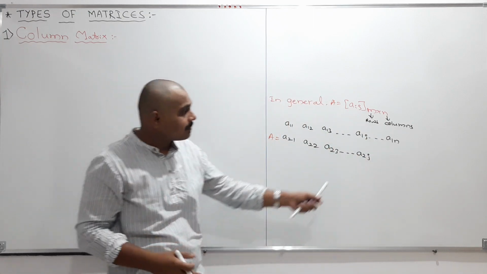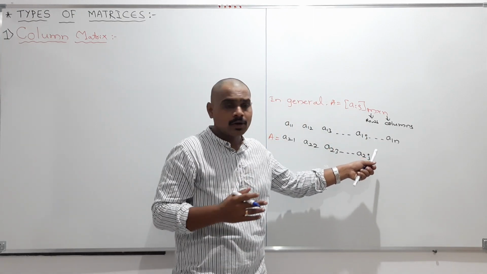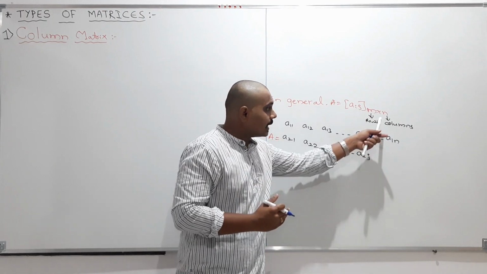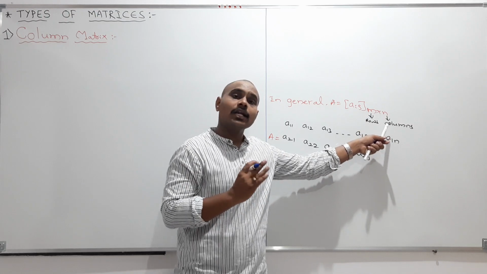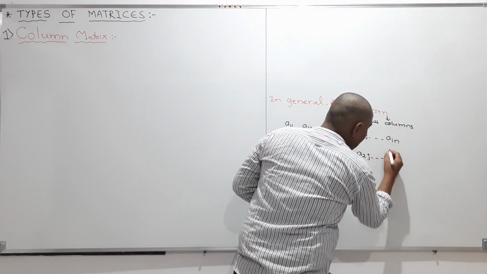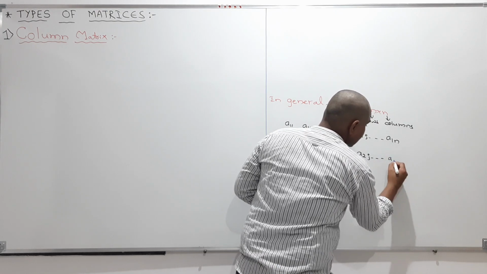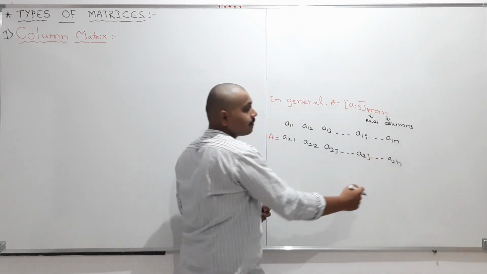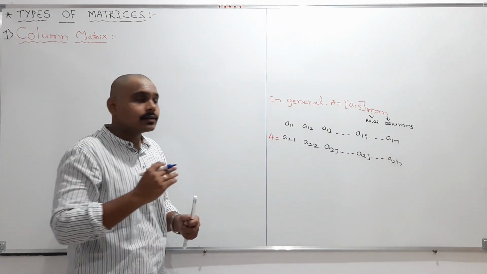Some middle term, it may be the 100th or the 1000th, whatever, depending upon the given context. Here also n columns must be there, so 2j, and lastly the last element of this row is A2n, because it is the second row, last column, that is the nth column.